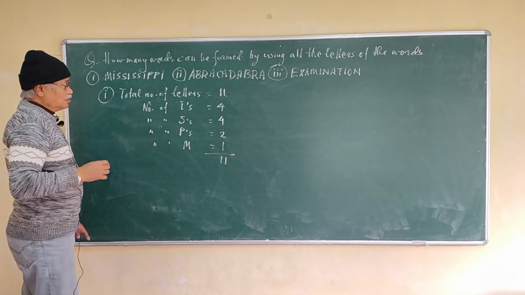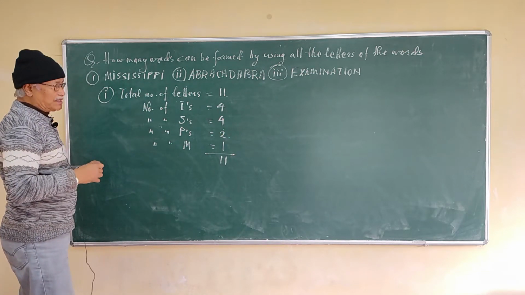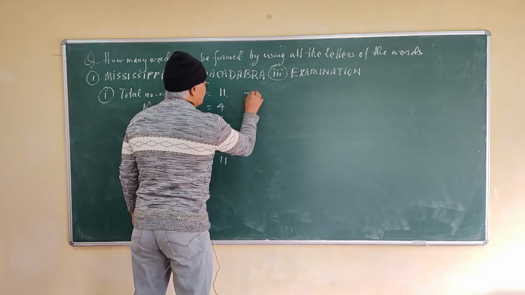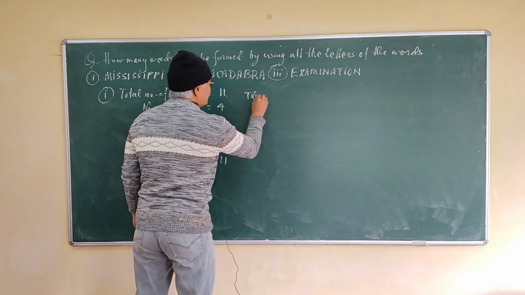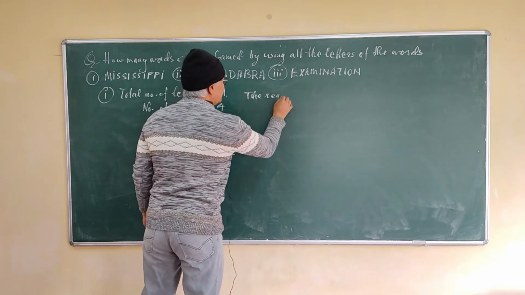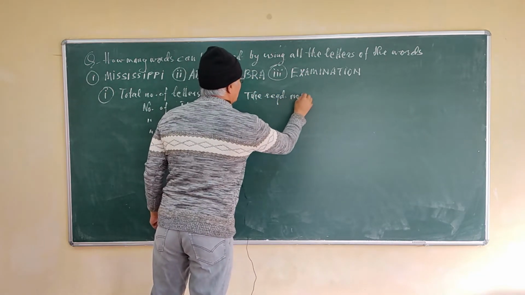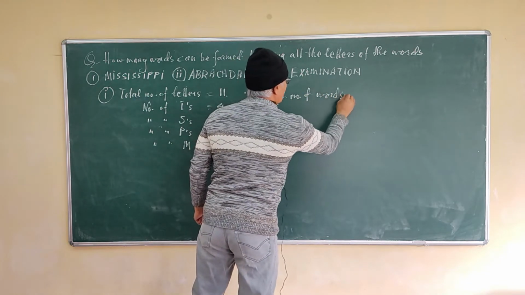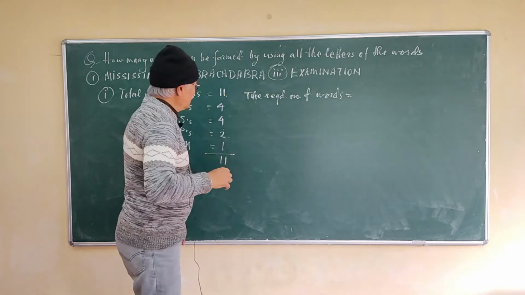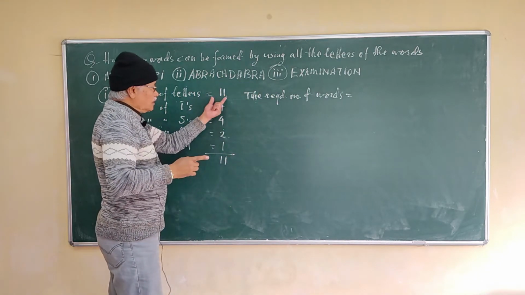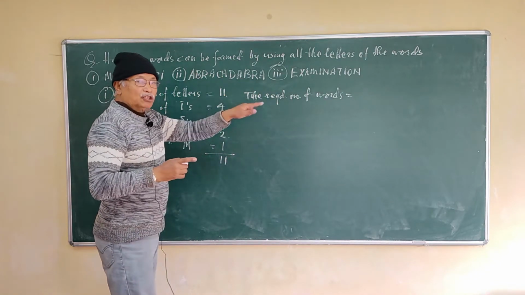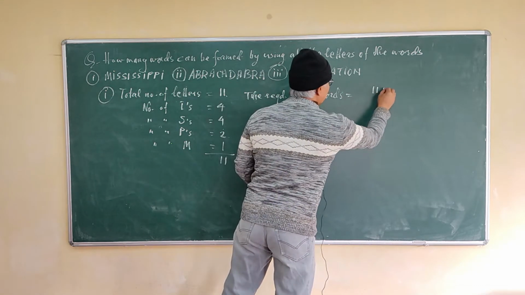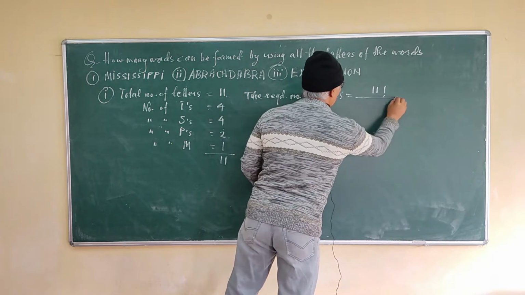So in these cases, what we do is that the required number of words will be equal to, you write total number of letters in the numerator. So total number of letters is 11 factorial.